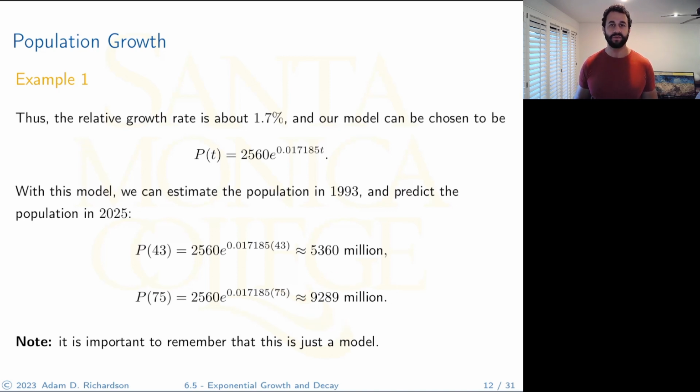It's just a model that we're using to try to get an idea of what the population could be based on a pretty natural phenomenon known as the law of natural growth and decay. We're basically making some assumptions. We're assuming that the population is going to have this behavior, and based on that assumption, we are able to estimate that this will be the population at these times. So that's one thing to keep in mind.